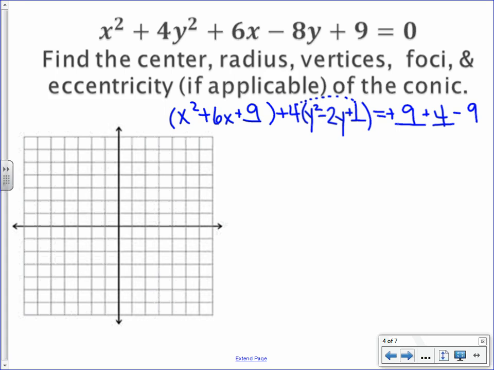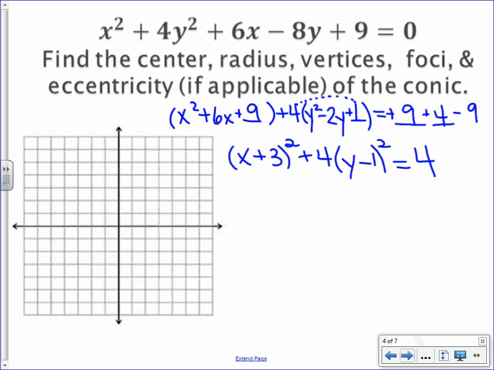All right, so x squared plus 6x plus 9 becomes x plus 3 squared, plus 4 times y minus 1 squared equals 4. Okay, we are almost there.